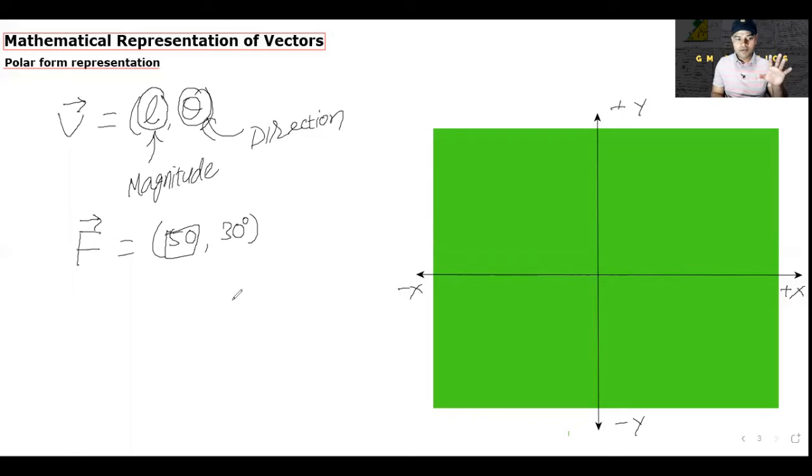Here we have taken a force vector, so it is 50 newtons, and 30 degree represents the direction in which this force is acting. So F vector equal to 50, 30 degree simply means we can draw an arrow of length proportional to the magnitude of the vector, that is 50 newtons.